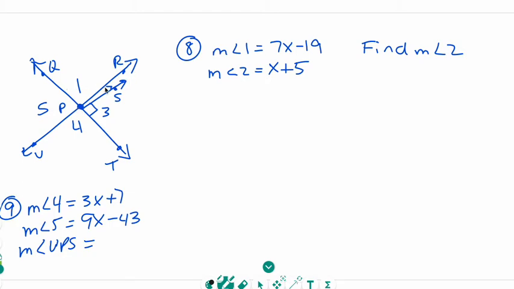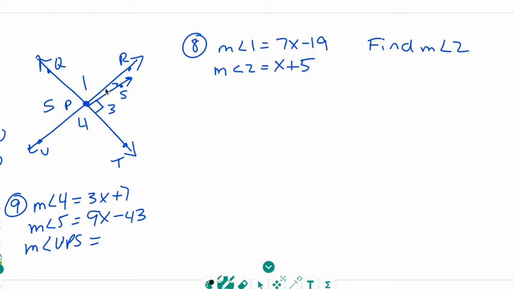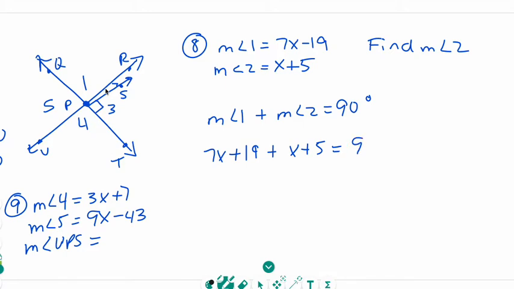So angle 1 and angle 2 are going to be complementary. So the measure of angle 1 plus the measure of angle 2 is equal to 90 degrees. We have 7x plus 19 plus x plus 5 is equal to 90 degrees.